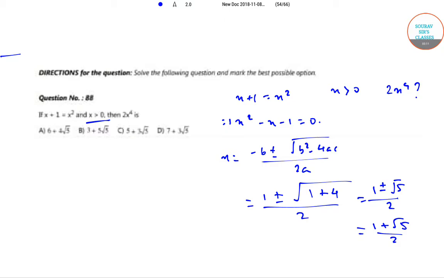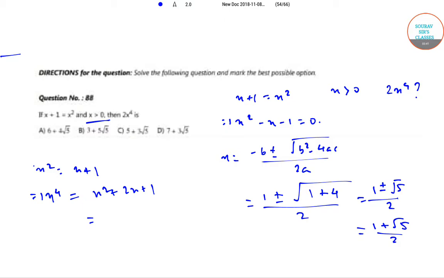Now since x squared is equal to x plus 1, so x to the power 4 becomes x squared plus 2x plus 1.